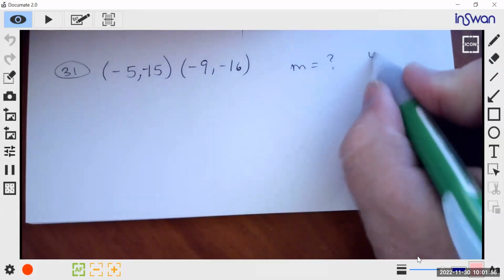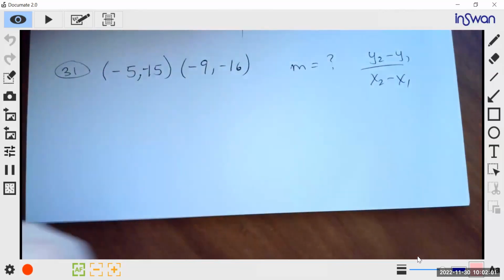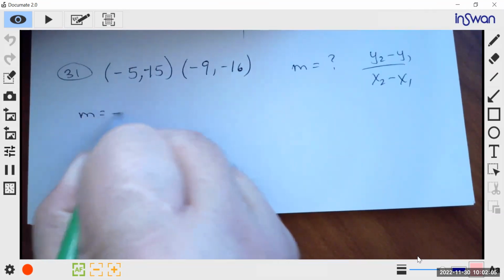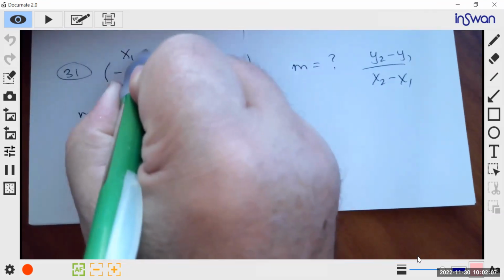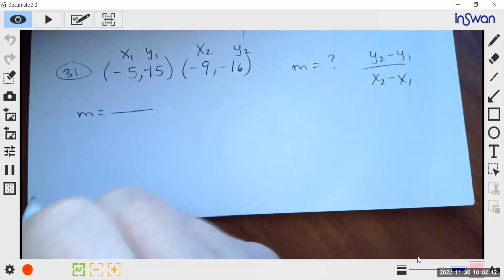Remember the equation: y2 minus y1 over x2 minus x1. So that's x1, y1, x2, y2.